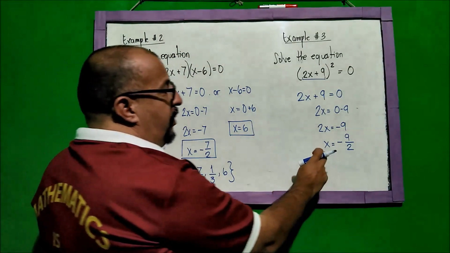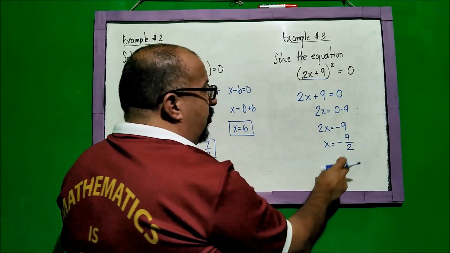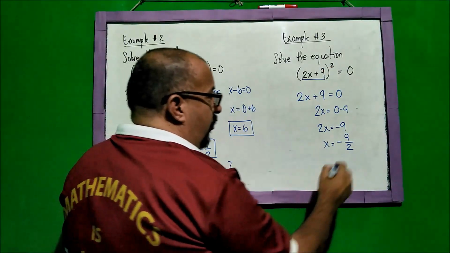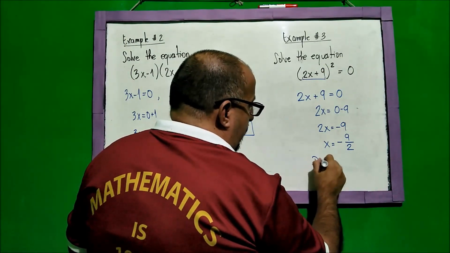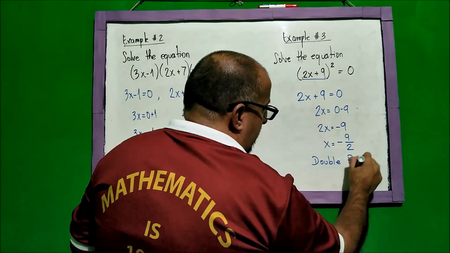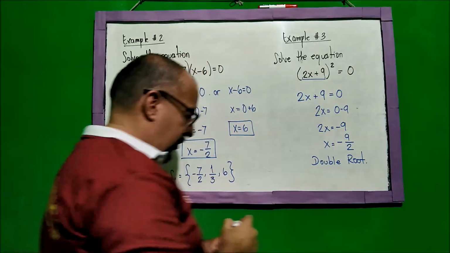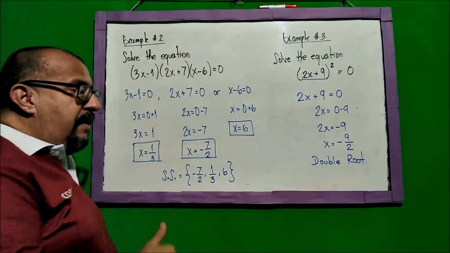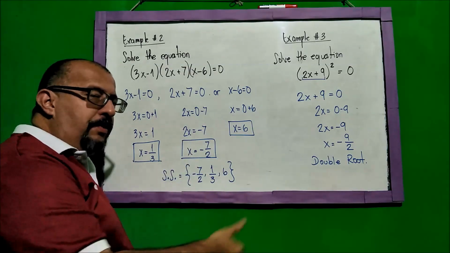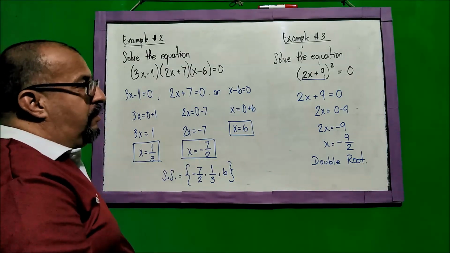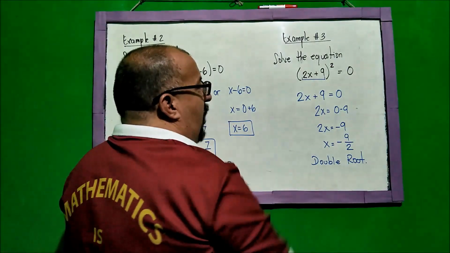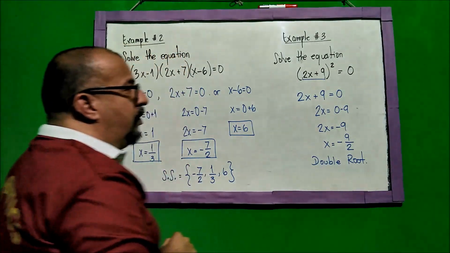With the final observation that this negative 9/2 will be considered what we call a double root, because it will be repeated 2 times. And if we have more roots, then they will receive names like triple root, multiple root, etc., depending on how many times the power is repeated in each of the equations.